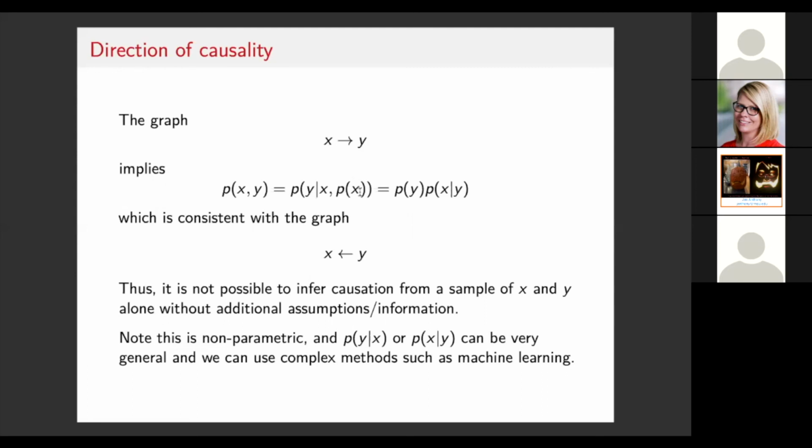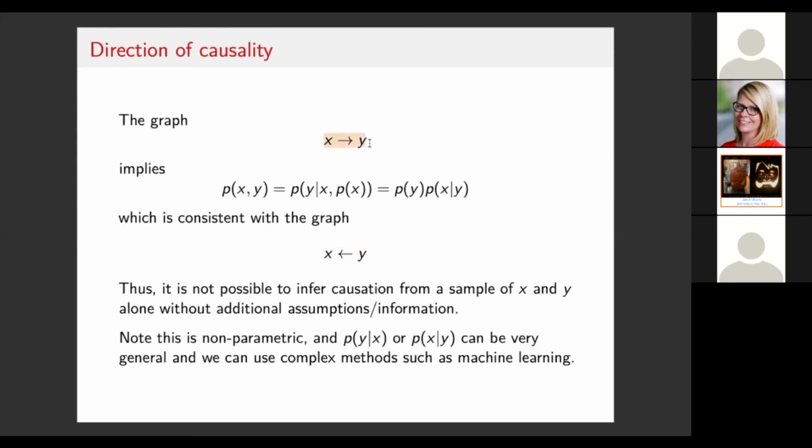So it's just that. But using Bayes' theorem here, it can be written as probability of Y times probability of X given Y, which is consistent with this causal graph. So in other words, if I have the joint distribution of two variables, I have no way of telling whether this graph or that graph is the true model.